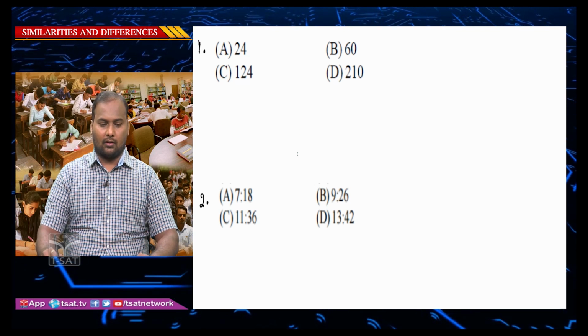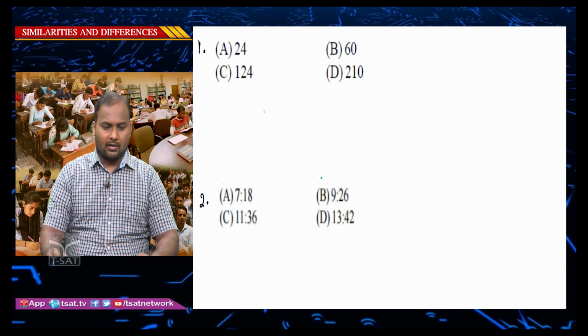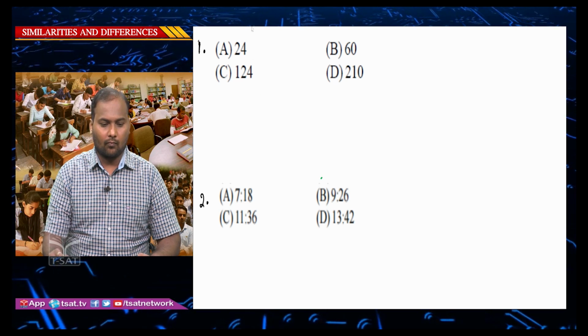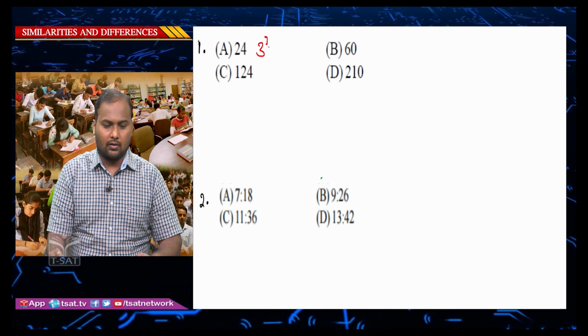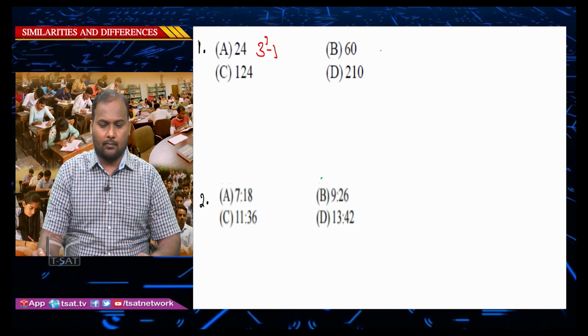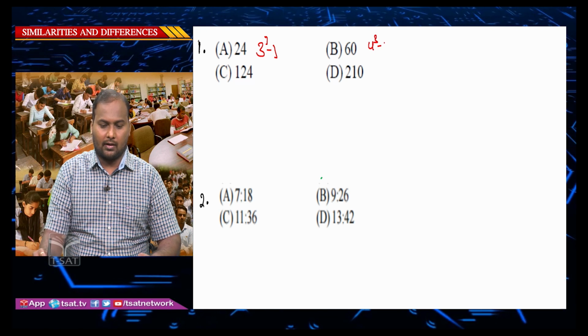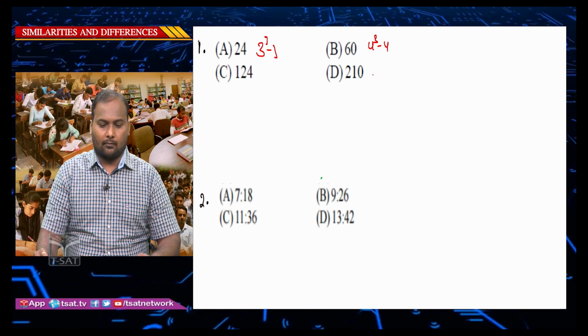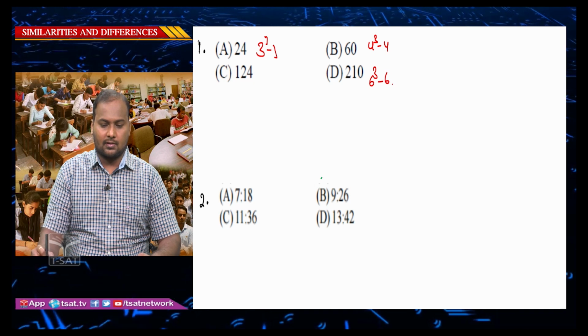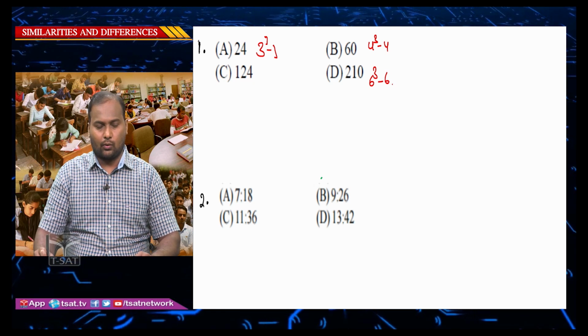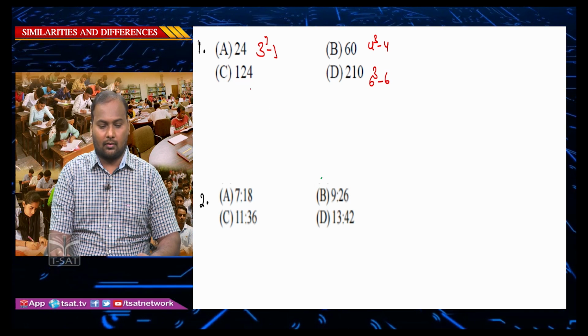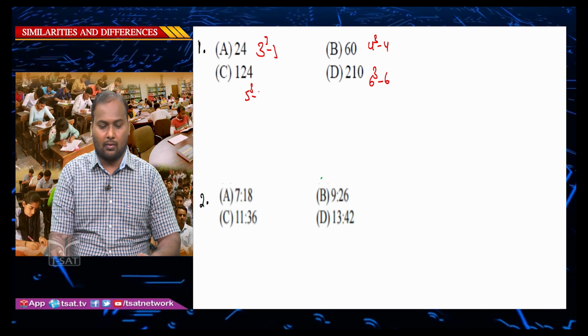I can write 24 like 3 cube minus 3, and 60 I can write like 4 cube minus 4, and 210 I can write like 6 cube minus 6. But if you see 124, it is also cube format, but the format is like 5 cube minus 1.